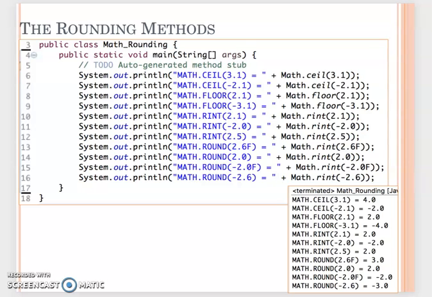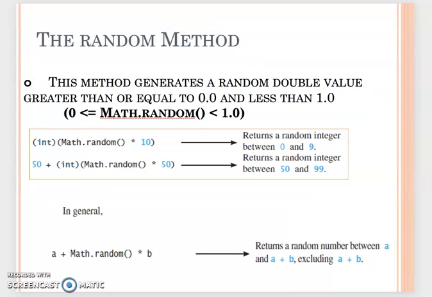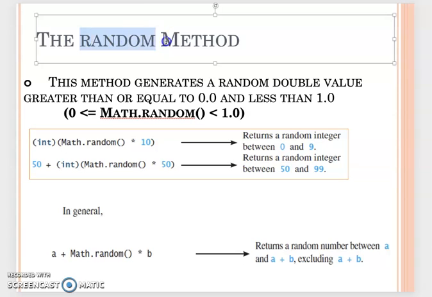Then let's wrap up the last very important method under the Math class. That's the random method. Random means you can create a random number. Whenever you call the Math.random method, it gives you a random number.